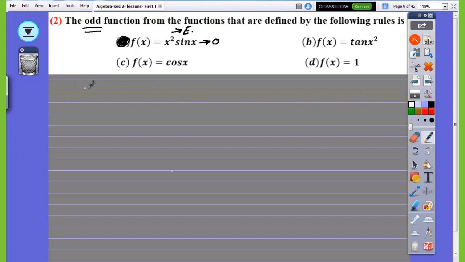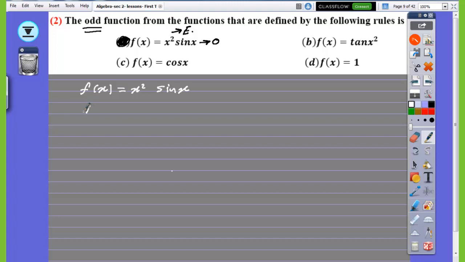Solution. We have f of x equals x square sine x. We must write the domain and we must know it.